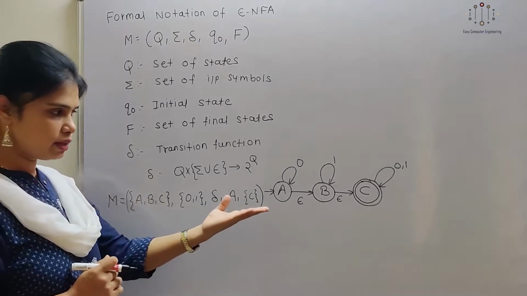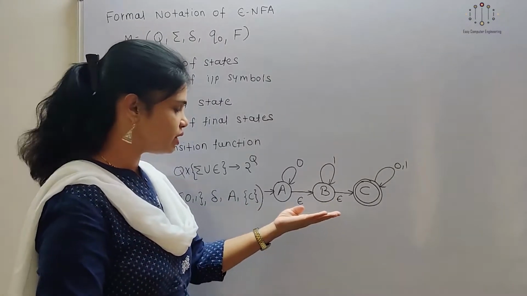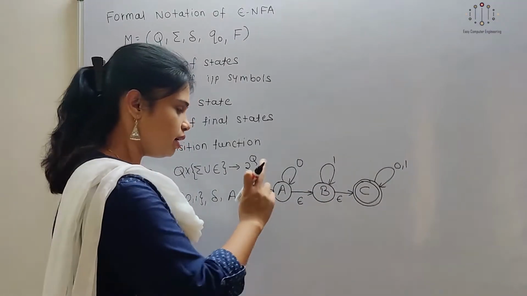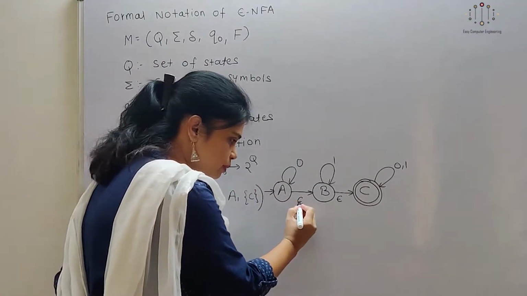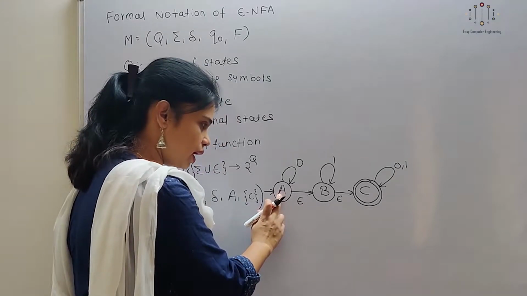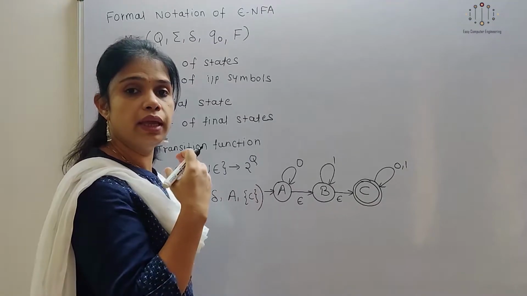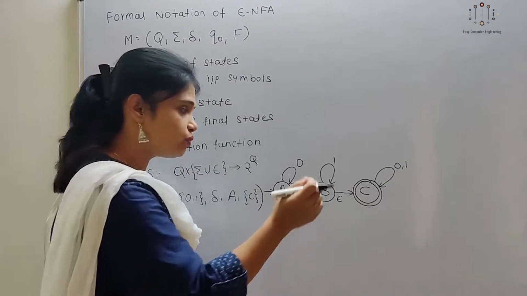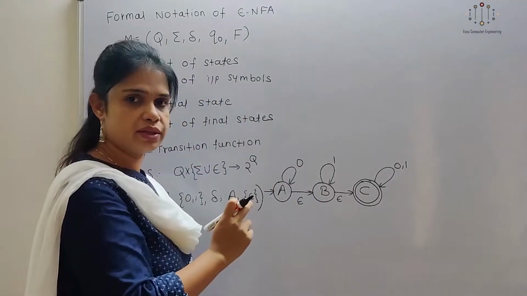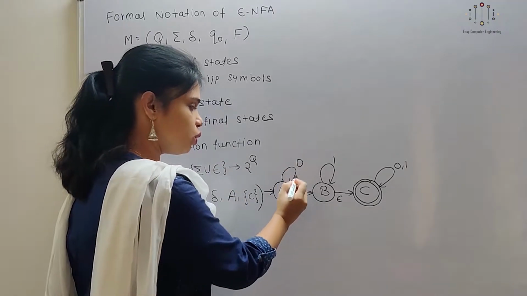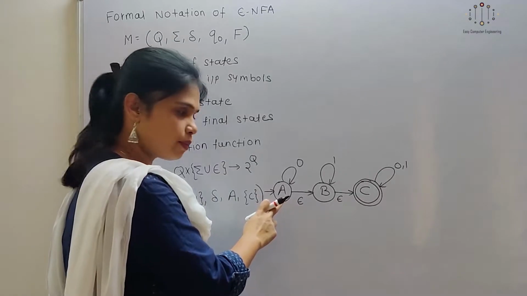Now here you can see in this diagram, this is a transition diagram. Here A, B, C, these 3 states are there. Here I have shown an epsilon transition from A to B. That means without taking any input we can reach from one state to another state. If we take input 0, we reach A itself.